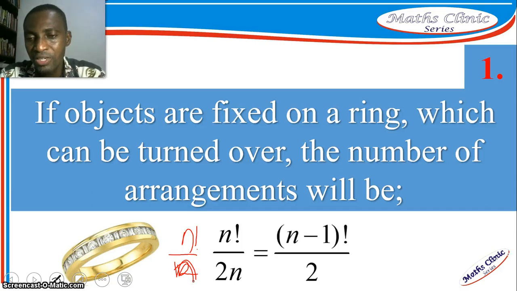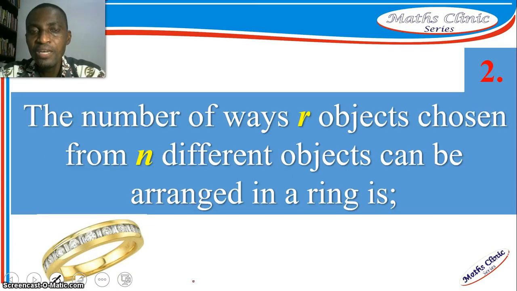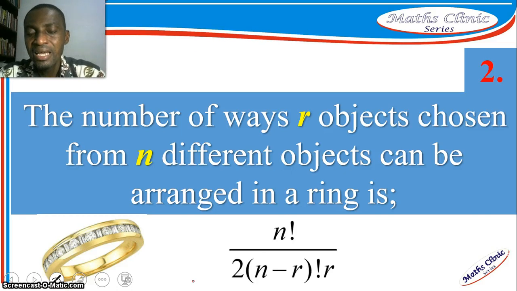So in a nutshell, the formula becomes n minus 1 all factorial divided by 2. Again, if we are selecting r objects choosing from n different objects, then the formula comes as n permutation r over r, and then we multiply again by 2 because it can be turned the other way around.